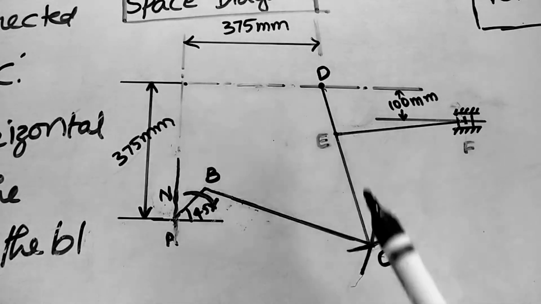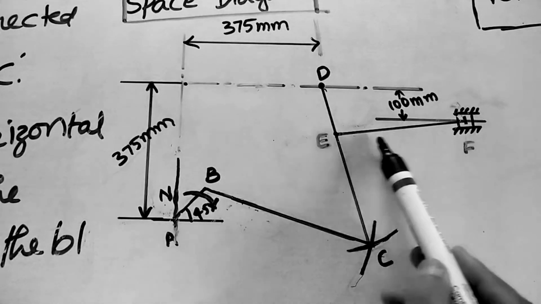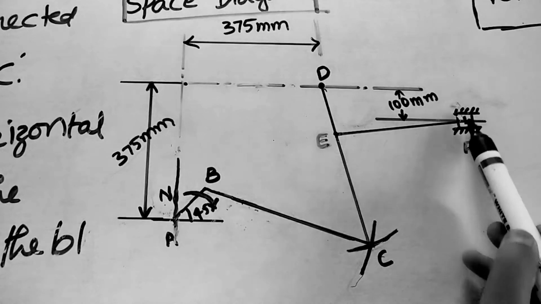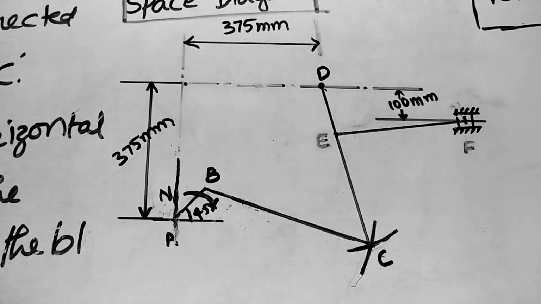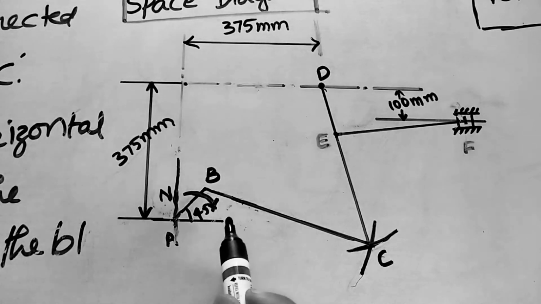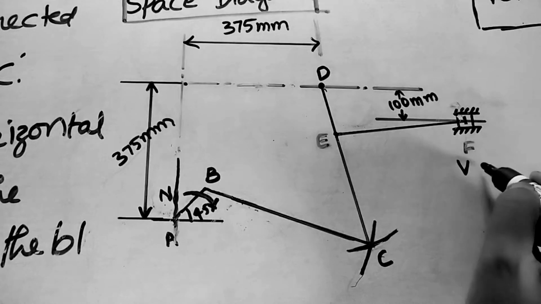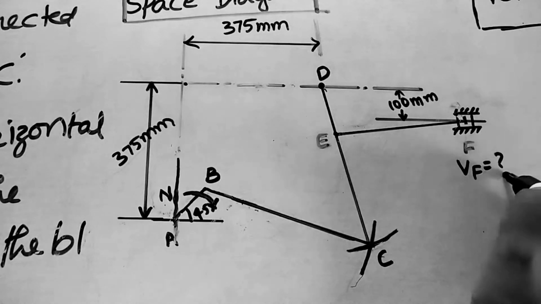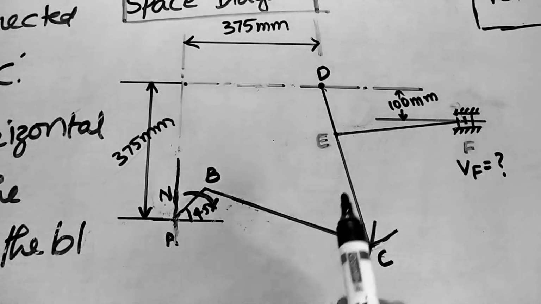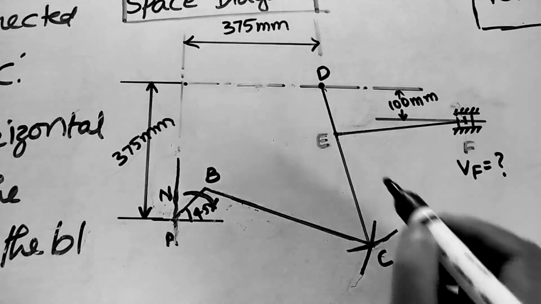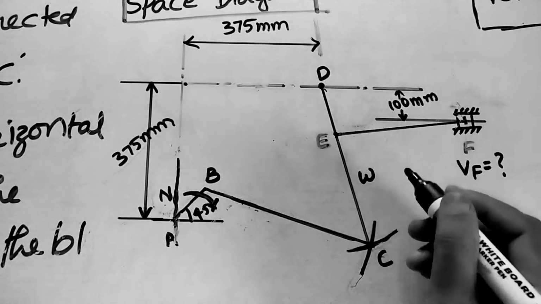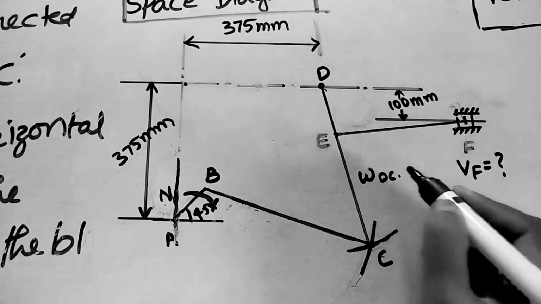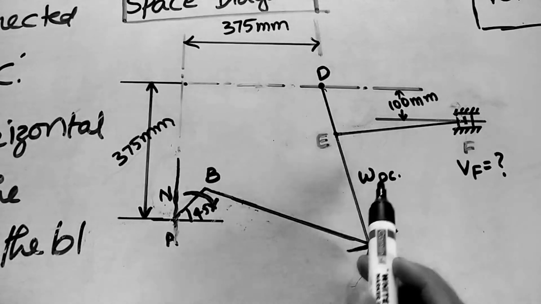Whenever DC is oscillating, it makes the F block move horizontally, and here we have to find the velocity of the block. So we need to find VF, the linear velocity, and then the angular velocity of the DC link, omega of DC. These two values we have to find.